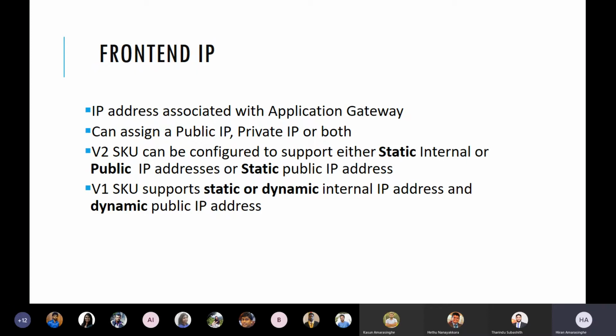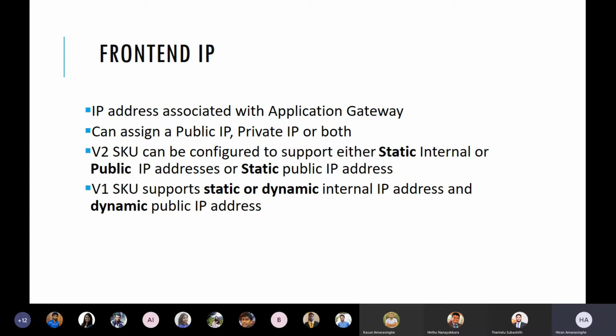Yeah, the V2 SKU you can configure to support either a static internal or a static public IP address. So if it's confusing, don't worry. In the demo, I can show you how we are going to configure these IP addresses. But just note down the last one.